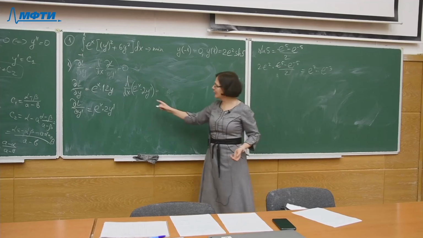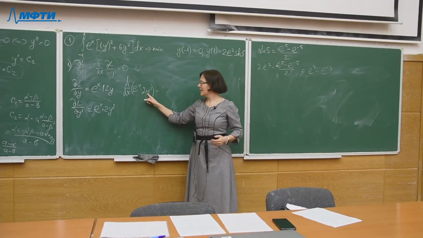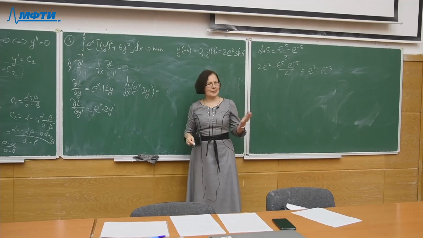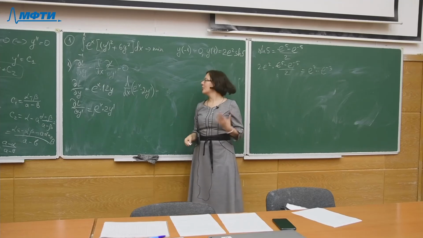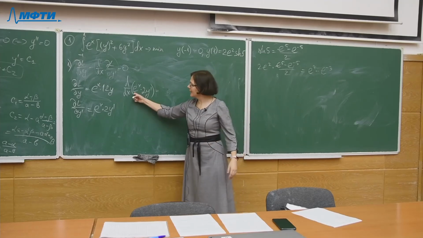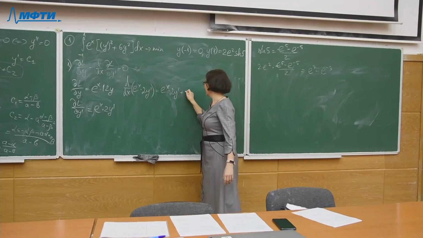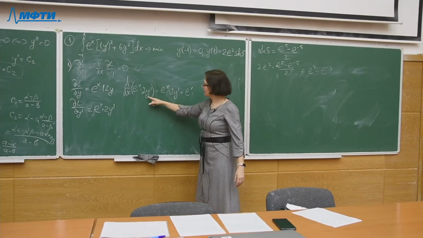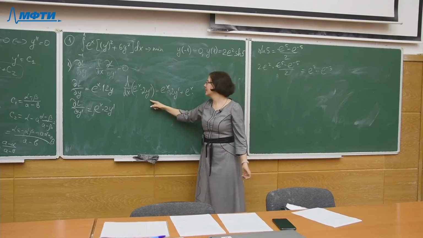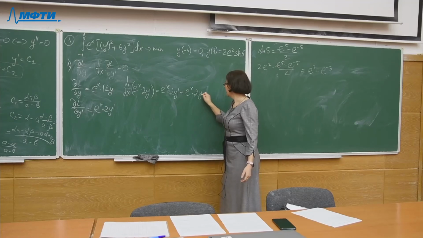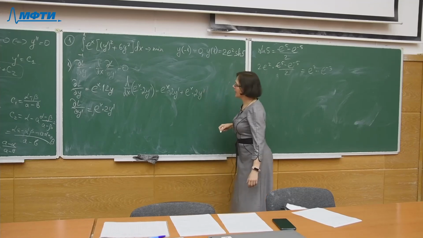For the partial derivative, x and y prime are 2 independent variables, but for the total derivative we must differentiate the first part, so it will be e to x times 2y prime, plus e to x times the derivative of 2y prime, which is 2y double prime.